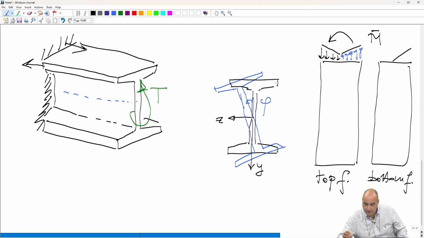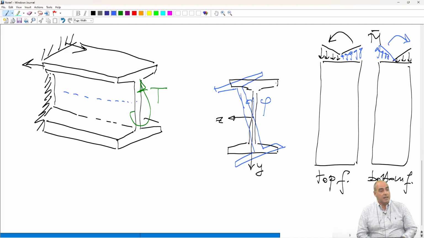On the bottom flange is exactly the opposite, so you will have a bending moment like this. If the two flanges are equal, the two bending moments are equal and opposite. So if you look at the beam as a whole, it's in equilibrium because there are just two bending moments, but they do not alter the global equilibrium. But locally, something is happening.